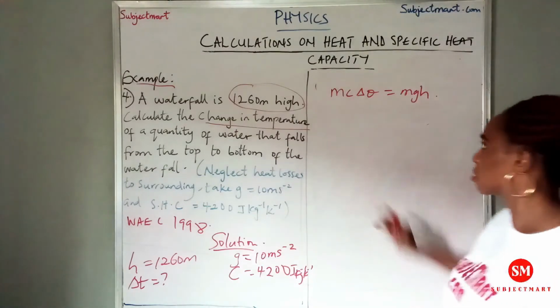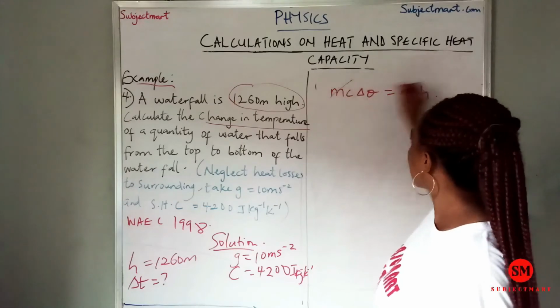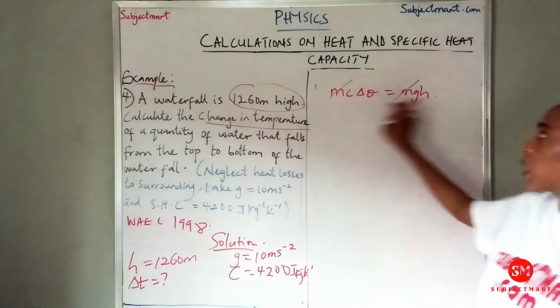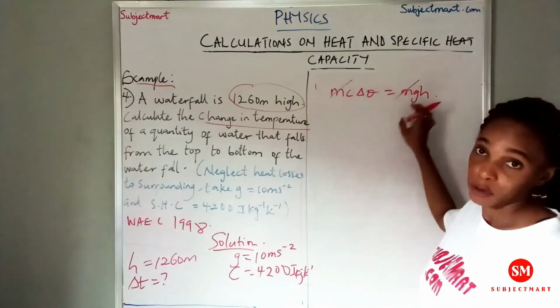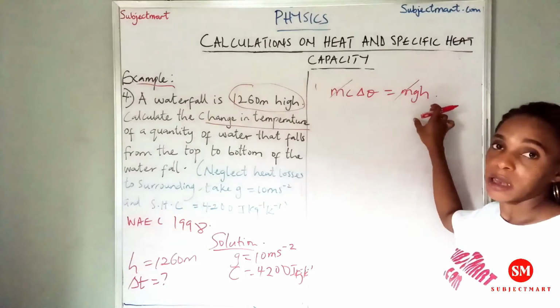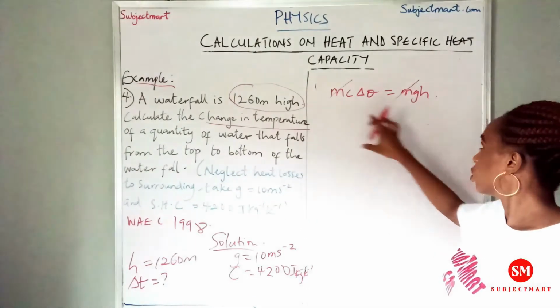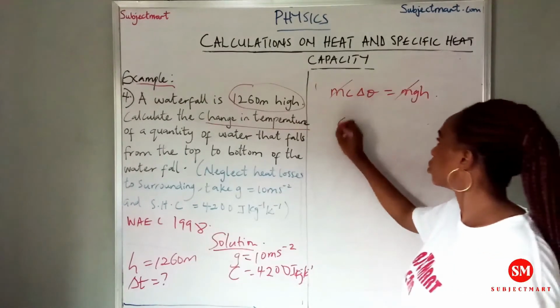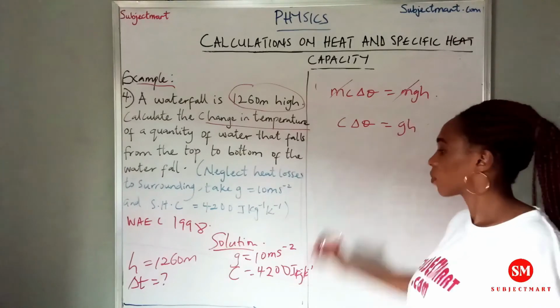From here, we are not given our masses, so I'm going to cancel out the m's. But if we have masses, we just have to put in the values of the mass that we're given. So m cancel m, so I have c change in theta is equals to gh.